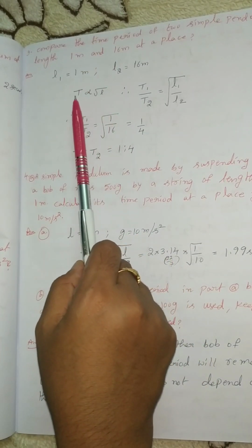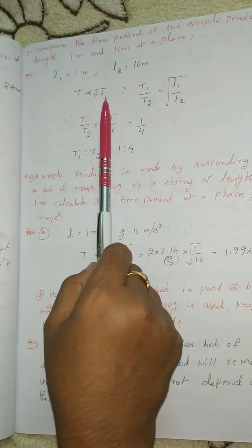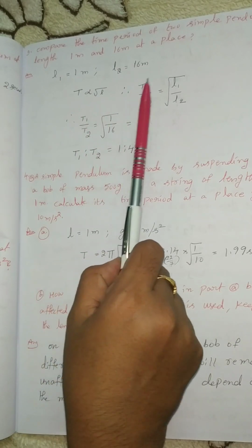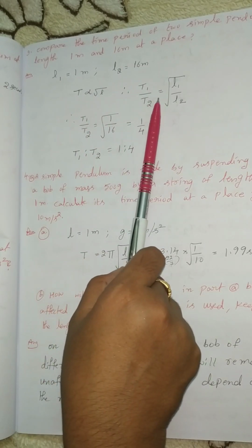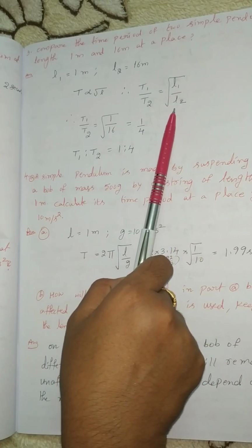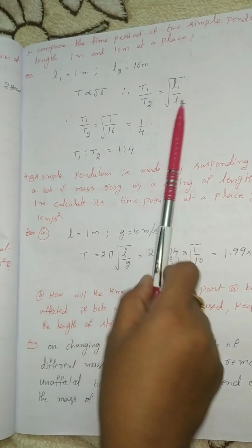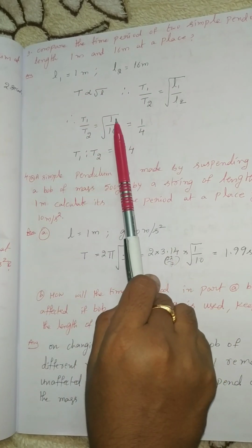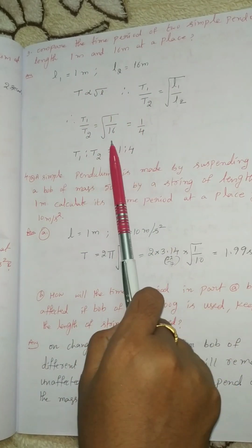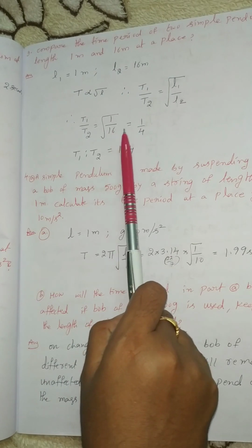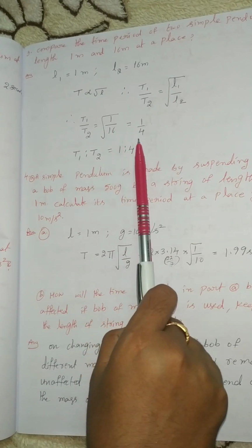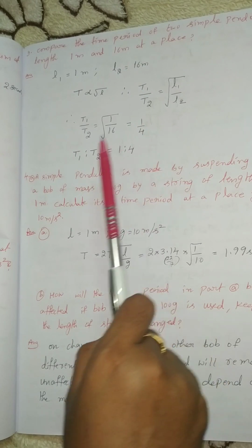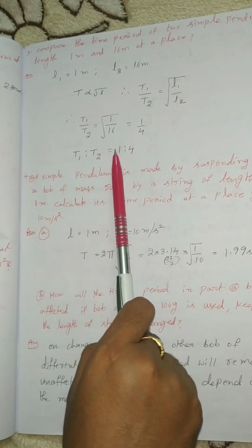We know that T is proportional to root L. It means the formula is T1 by T2 equal to root of L1 by L2. So this is the formula. So we know that the length L1 equal to 1, L2 equal to 16. So we know that root 16 equal to 4. So 1 by 4. So T1 is to T2 equal to 1 is to 4.